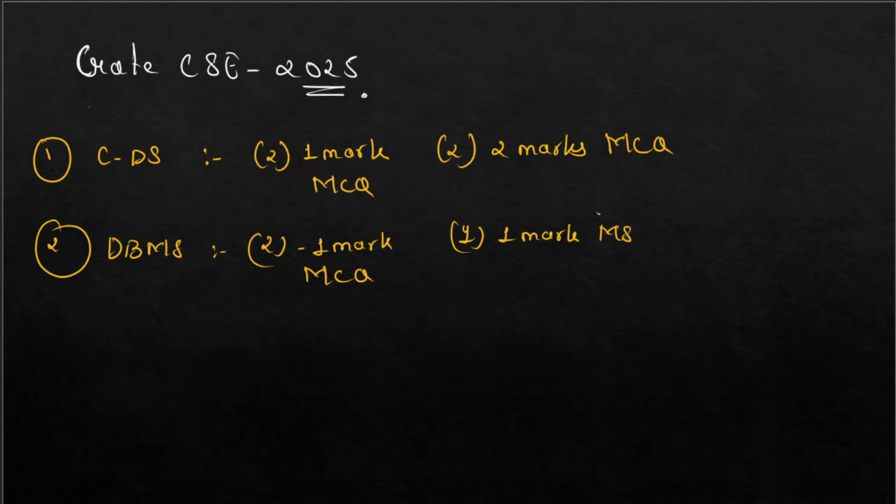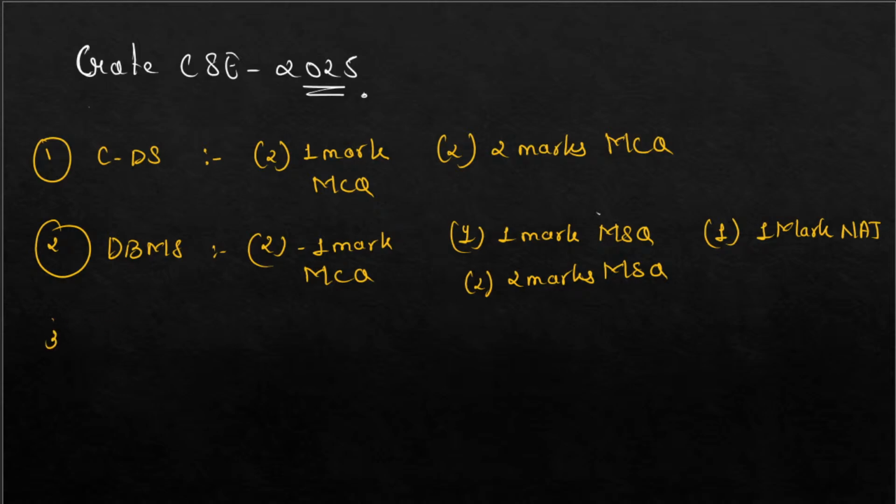For 2 marks, 2 questions came, which were also MSQ, and 1 question came for 1 mark, which was a NAT question. So you can see that DBMS was asked, and after that data structures and programming.